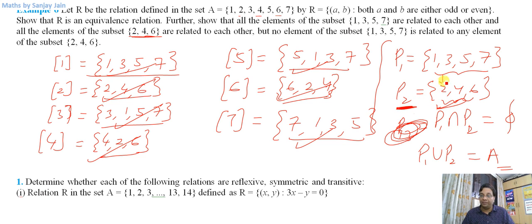So every element will be related with itself. 2 will be related with 2, 2 will be related with 4 and 6, because both are even. Similarly, 1 will be related with 3, 5 and 7.